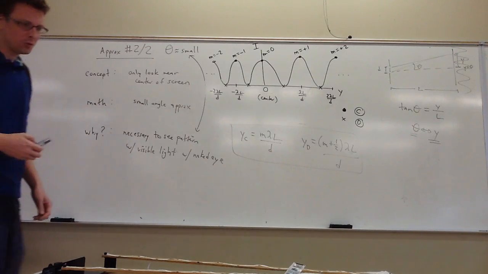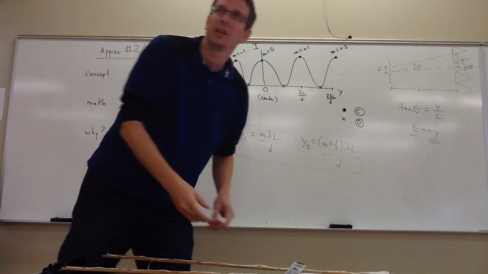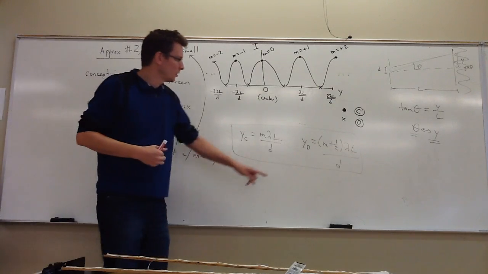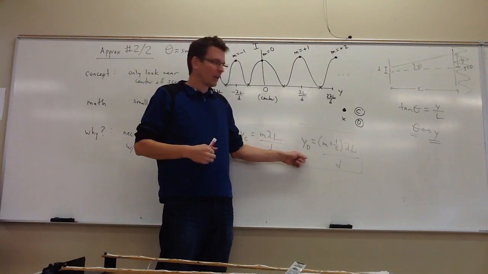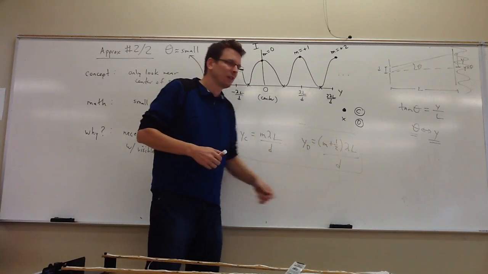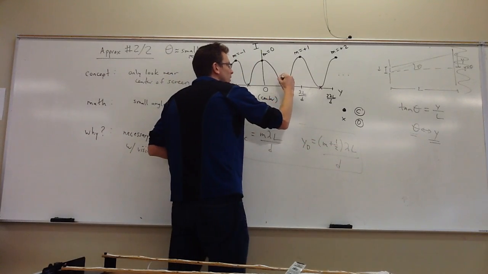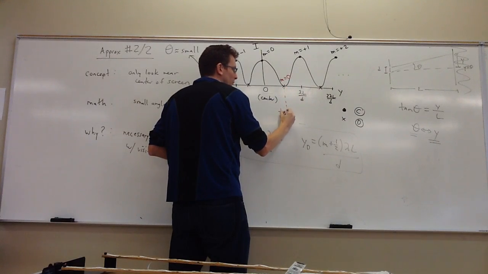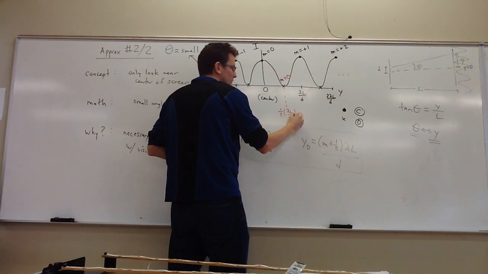And before we go too long, we should probably put in some of the dark ones too. For the destructive, if we plug in m equals 0, we'll get 1/2 lambda L over d. That's this one, m equals 0 dark. That gives 1/2 lambda L over d.